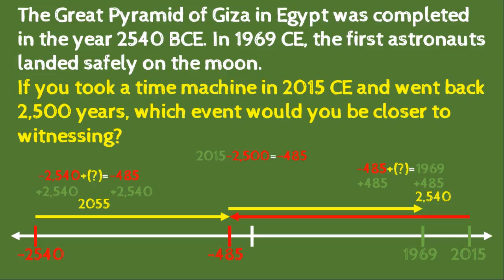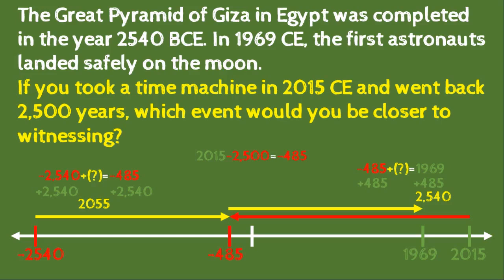And to the right, we have, again, the year negative 485, which we took our time machine to arrive at, plus a mystery number equals 1969. To eliminate those numbers, we have negative 485 plus 485, which equals 0, and our mystery number would be 1969 plus 485, which equals 2,540.